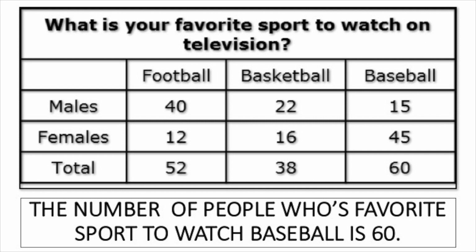No, that's the males, the total number of people, males and females. 40 plus 12 equals 52. What's the total number of males who were asked in total? So total number of males. 40 plus 22 equals 62 plus 15.